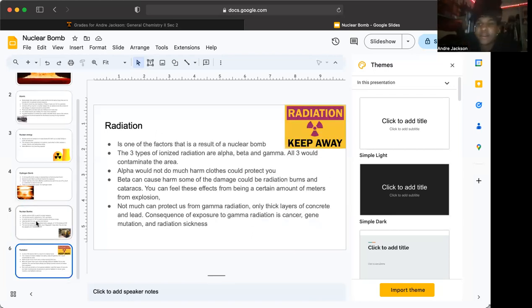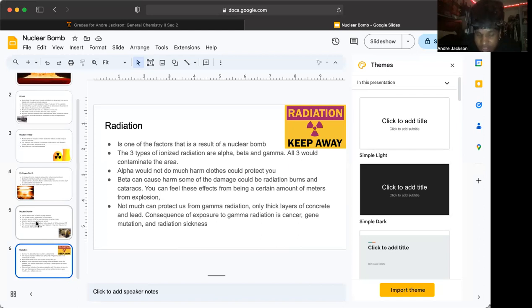And then lastly, radiation. Radiation is one of the factors that is a result of a nuclear bomb. There are three types of ionizing radiation. They are alpha, beta, and gamma.